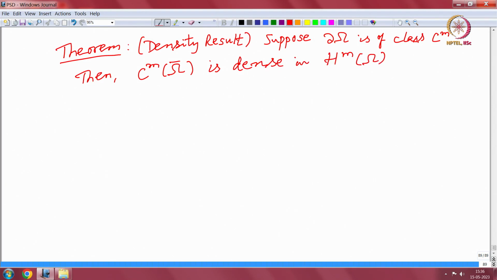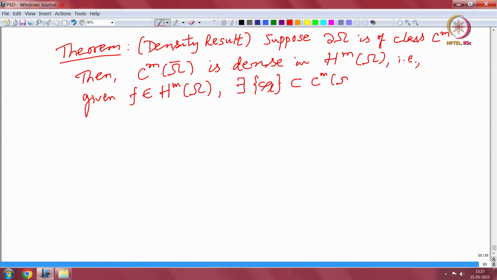Let me write that again. Given f in H^m(Ω), there is a sequence φ_L in C^m(Ω̄) such that f minus φ_L in H^m norm tends to 0.